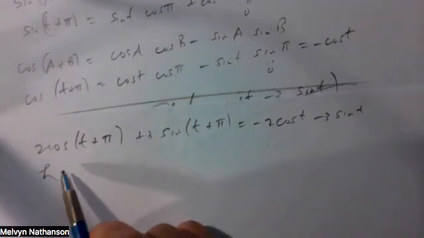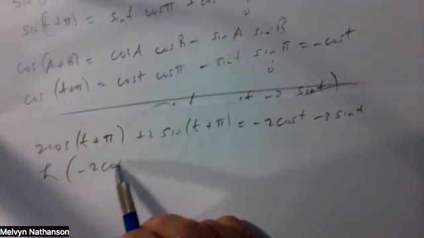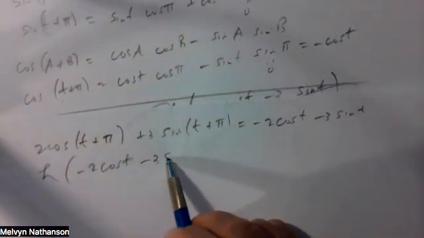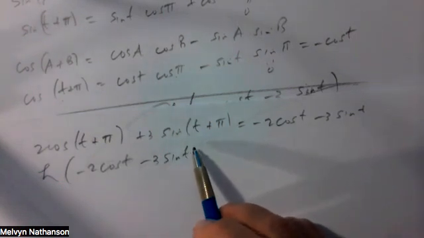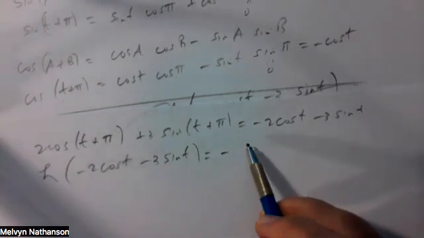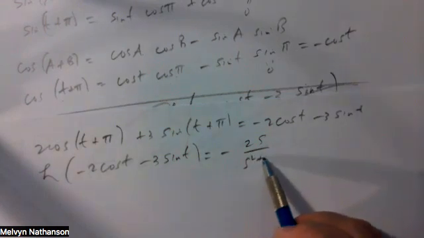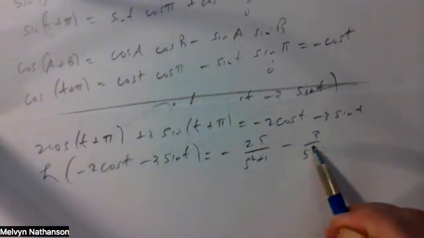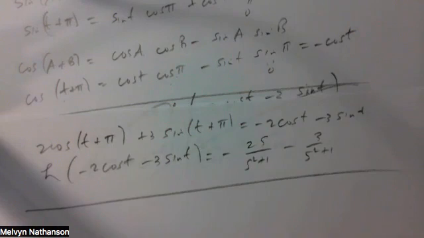So the Laplace transform of minus 2 cosine t minus 3 sine t is minus 2s over s squared plus 1 minus 3 over s squared plus 1.